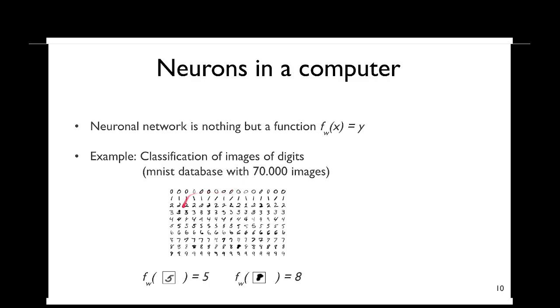And you can see examples down here for the different variations. Essentially, what we're looking for in a neural network is a function fw that takes such an image as an input and produces as output, in this case, the digit 5, or here takes another image, which is already a bit more difficult to identify, and produces as output the digit 8.